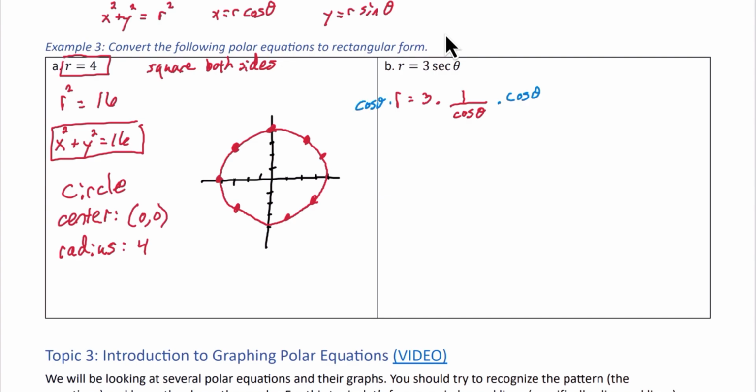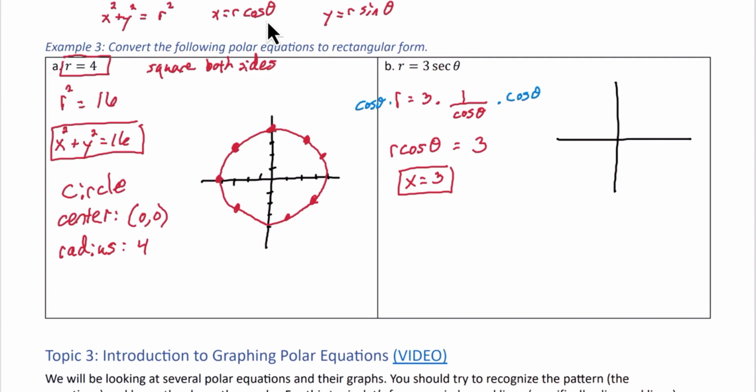On the left, we have r cosine theta, and on the right, we have 3. And recall, r cosine theta is simply x. We have x equals 3. We now have the equation in rectangular form. And recall what that looks like. X equals 3. Notice you don't see a y. It's just x equals 3. That is a vertical line through the x-intercept of 3.